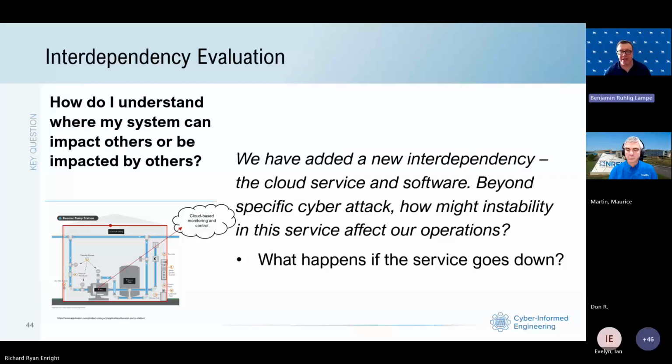Those are the type of things that get drawn out by performing that interdependency evaluation, especially in light of what we've agreed upon as the worst case consequence, and stressing what are the external utilities that are also used in that situation. So, Maurice, I'll hand it back over to you.